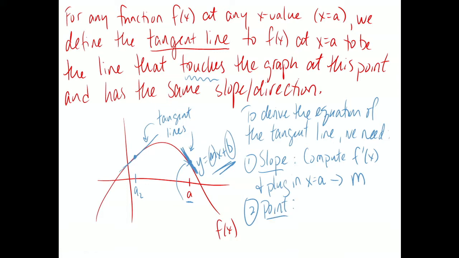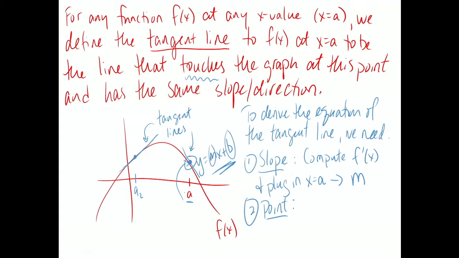Sorry, I've made this line really fat. Let me try to make it a little skinnier again. So I'll use the derivative to figure out the slope, but then I need to know a point that's on that line. The only point that I really know for sure is on that line is right there, because it has to go through the point in question here. So how do I figure out that point, that x comma y?